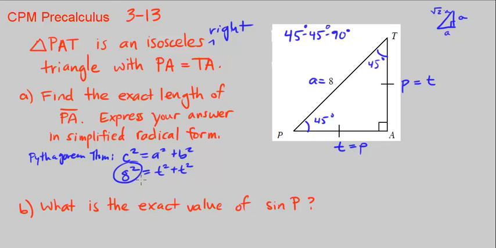Well, then 8 squared is 64. t squared plus t squared is 2 t squared. Divide both sides by 2, that's going to be 32 is equal to t squared. So I take the square root of both sides, and I get t is equal to the square root of 32.